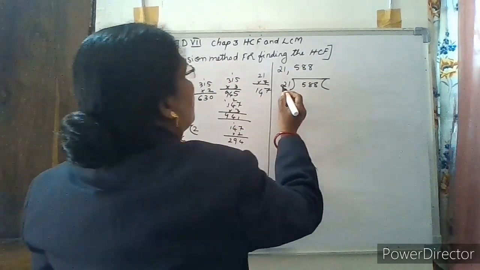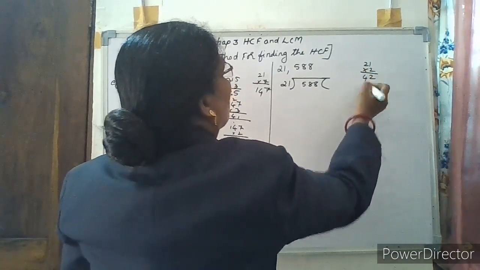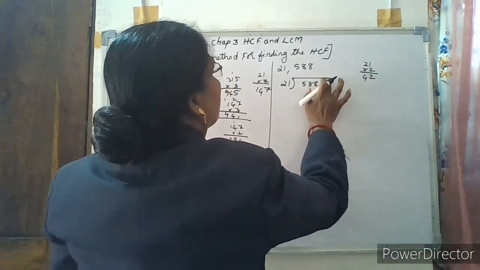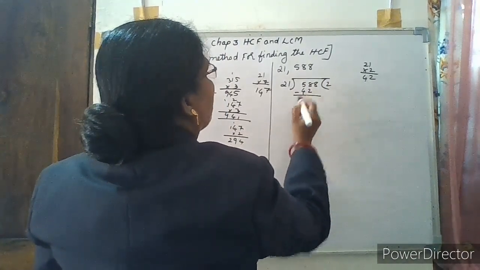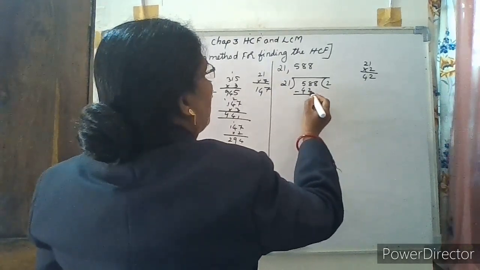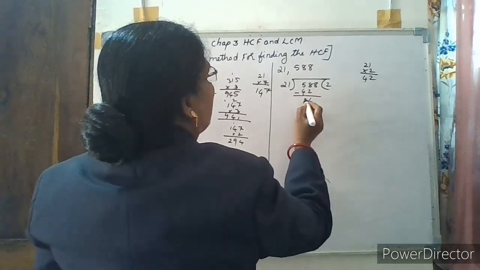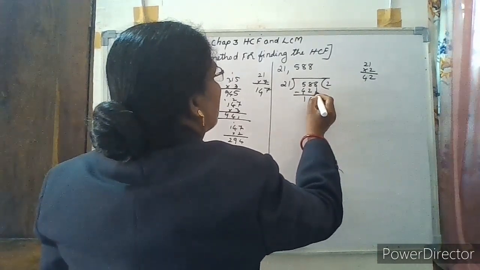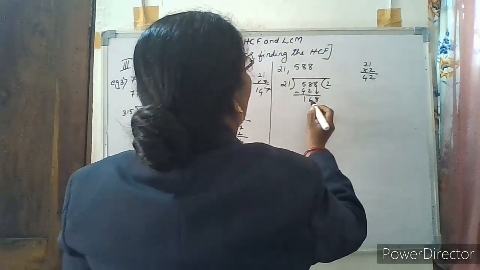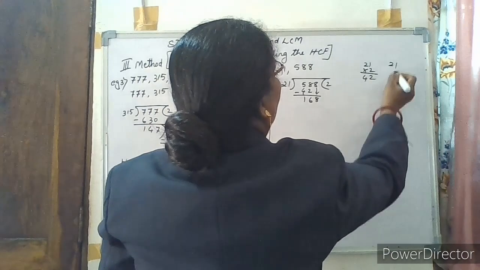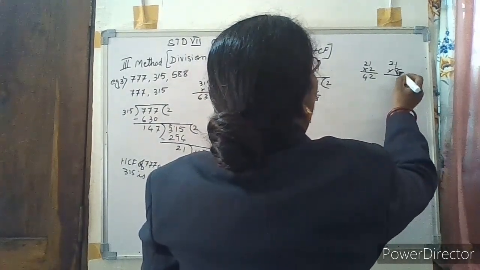Now 21: 2 ones are 2, 2 twos are 4. So it will go by 2s, only these two digits. 42, minus 8, minus 2 is 6. 5 minus 4 is 1. Bring down this 8. Simple division here. So 21: 8 ones are 8, 8 twos are 16.